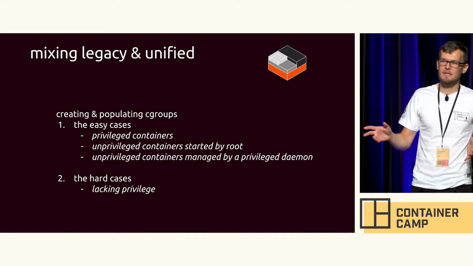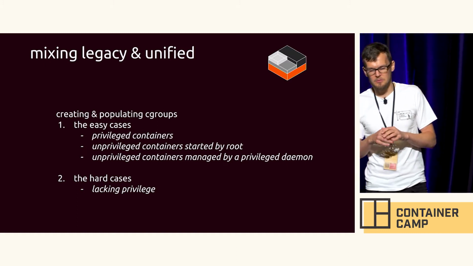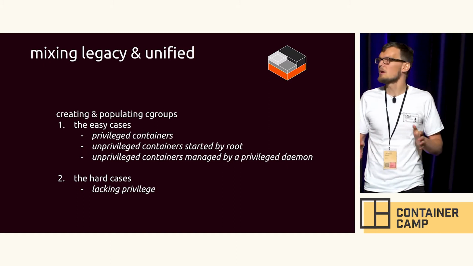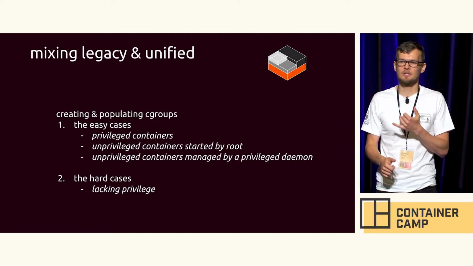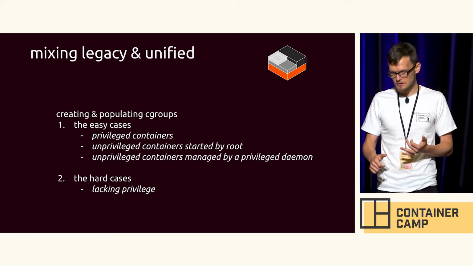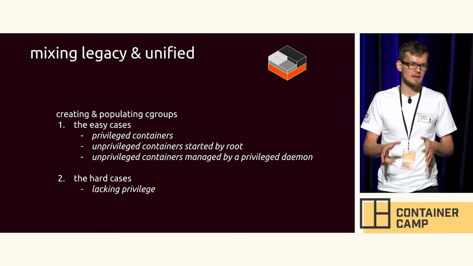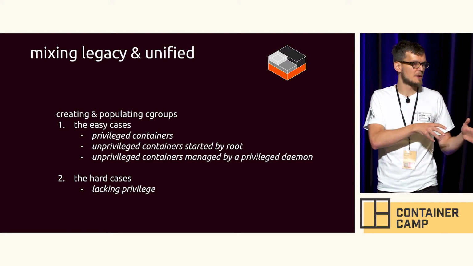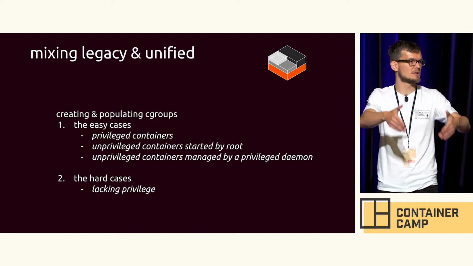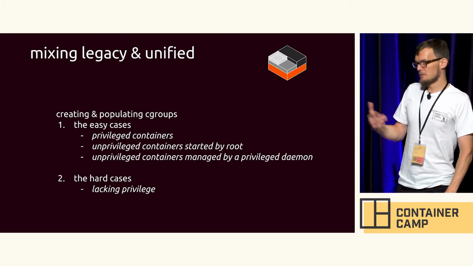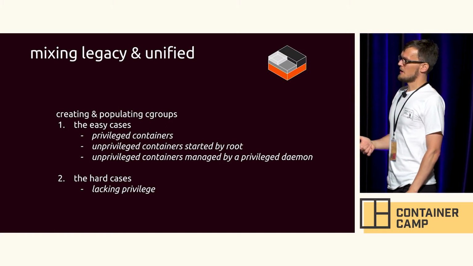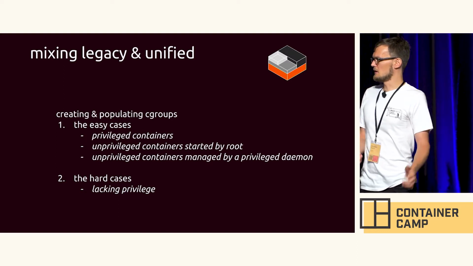First, the easy cases, where this should be trivial to do, at least with the v1 hierarchy, is where you have privileges: privileged containers, unprivileged containers started by root, because as I said, you still execute in the host namespaces, meaning when you set up cgroups, you will still have root access. Or unprivileged containers that are managed by a privileged daemon. That should also be quite nice.